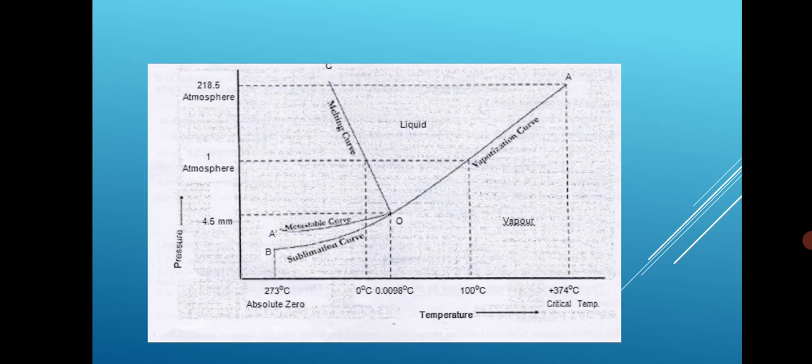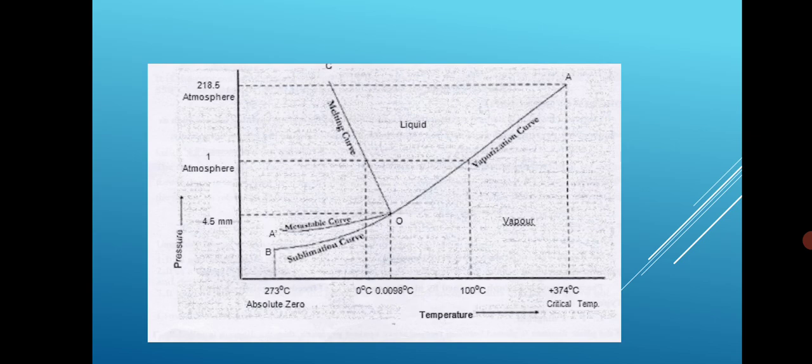When we put the values of C and P, we get the degree of freedom equal to 1. This equilibrium extends up to the critical temperature, 374 degrees centigrade. Beyond the critical temperature, the equilibrium disappears and only water vapor exists.